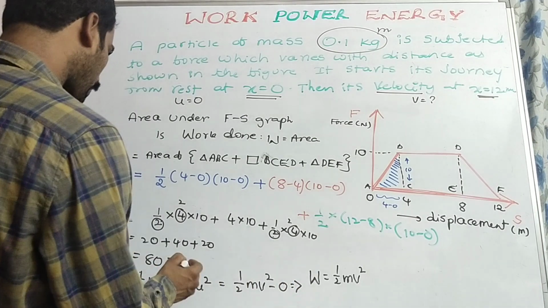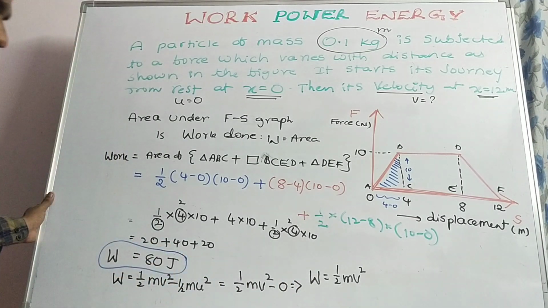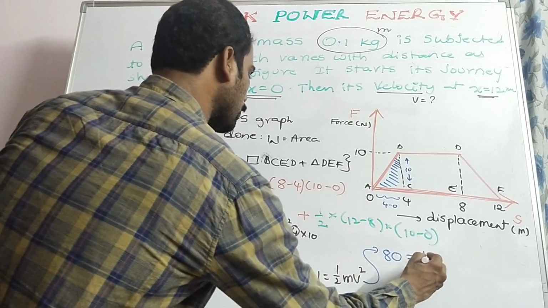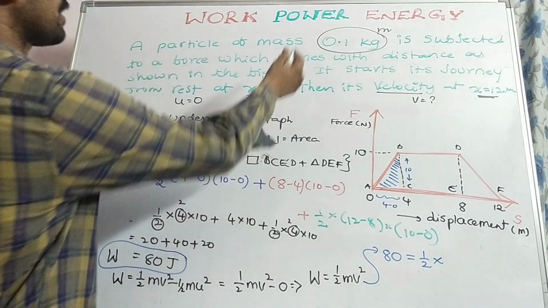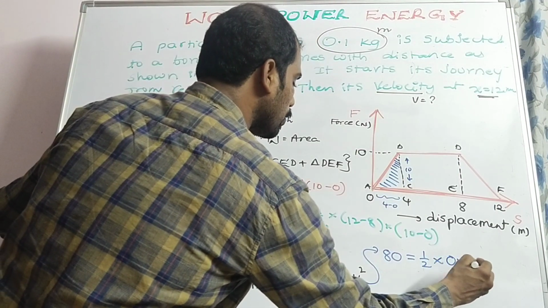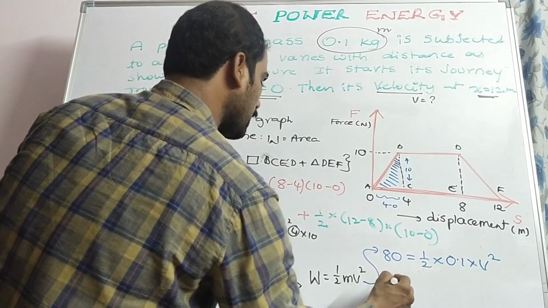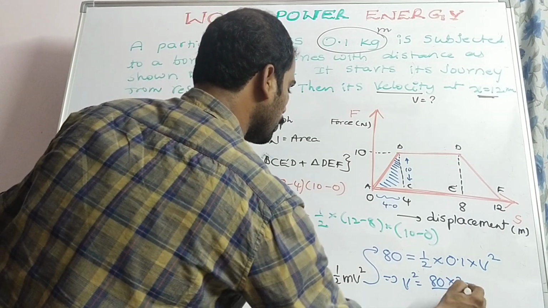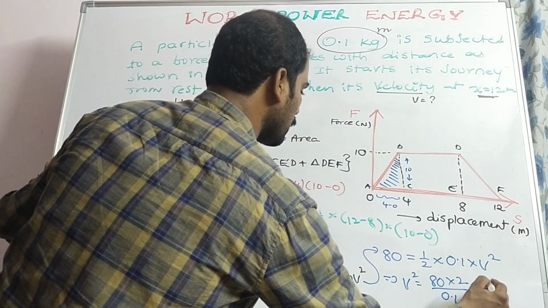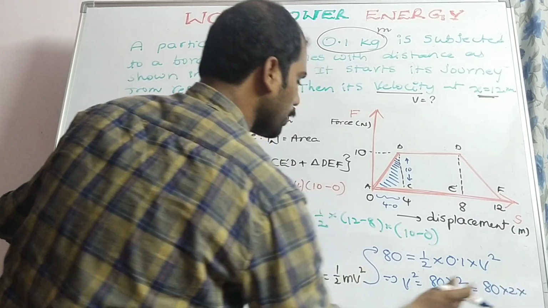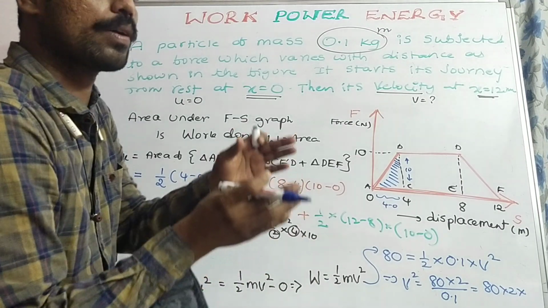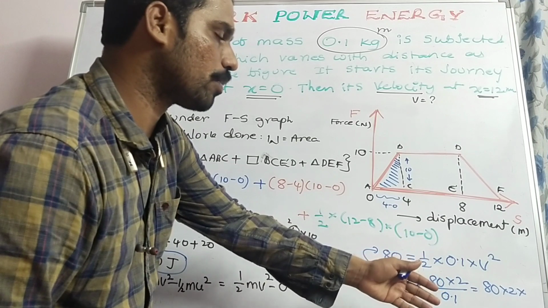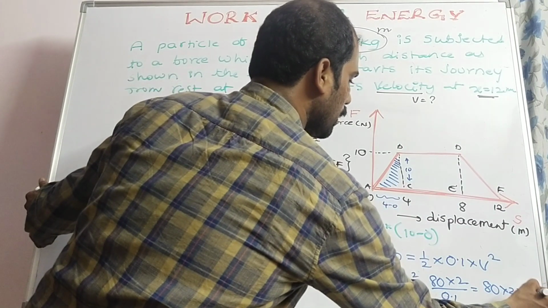Now, just now we found that work done W is equal to 80 joules. Now 80 is equal to half into mass, which is given as 0.1, into V square. That implies V square is equal to 80 into 2 by 0.1, that is 80 into 2 into 1 by 10, and the reciprocal of the denominator goes in the numerator.